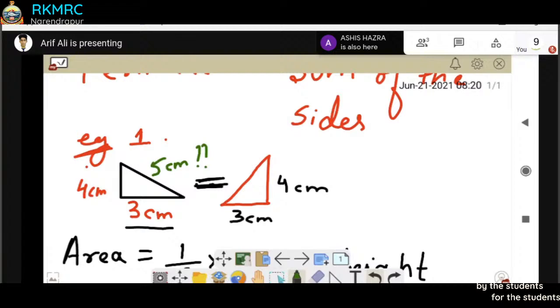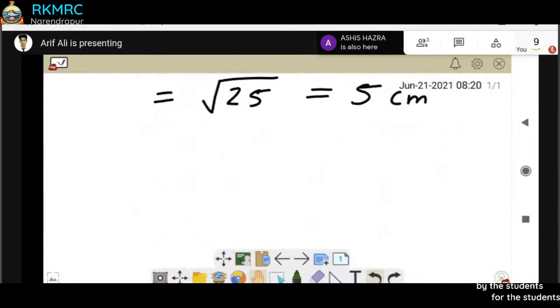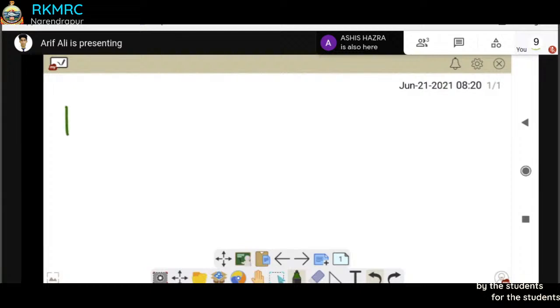So if we know all the sides, then let us calculate the perimeter. Since perimeter is the sum of all the sides, we can easily calculate it. Sum of all the sides means addition of all the sides.